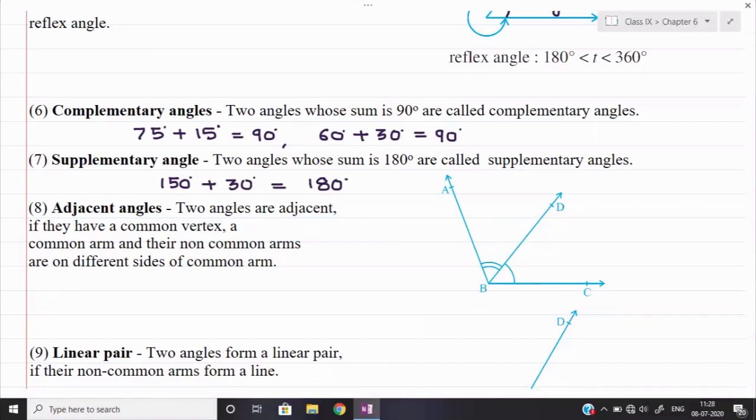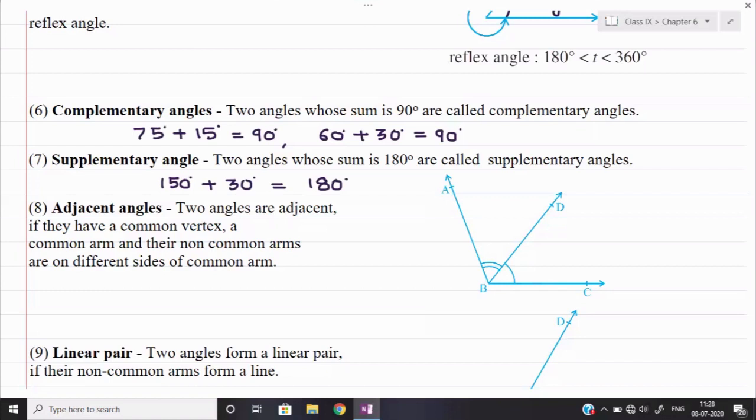Okay, so supplementary means the sum of two angles is 180, and complementary means the sum of two angles is 90 degrees. Remember this concept. Sometimes it confuses. In place of complementary we apply supplementary, or in place of supplementary we apply complementary. So don't be confused. Complementary means sum will be 90 degrees and supplementary means sum will be 180 degrees.